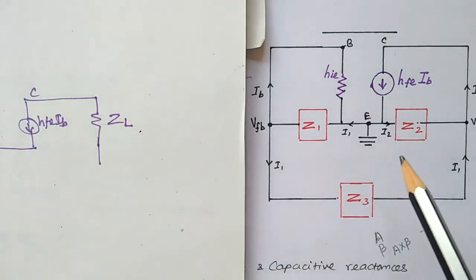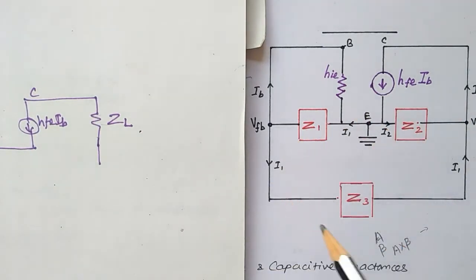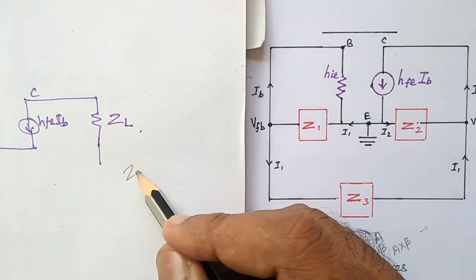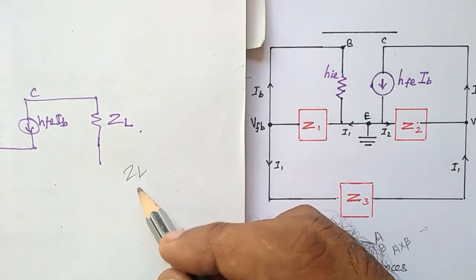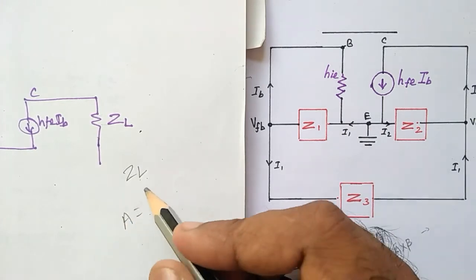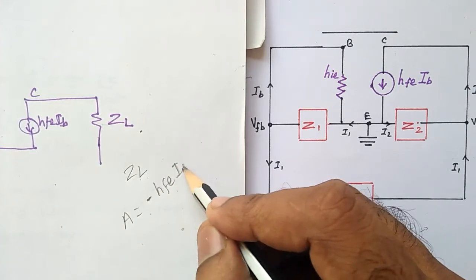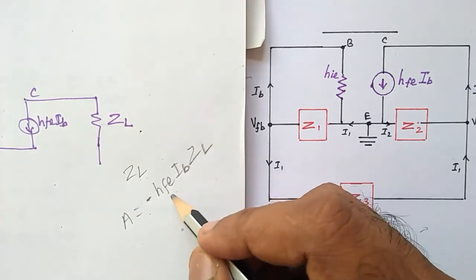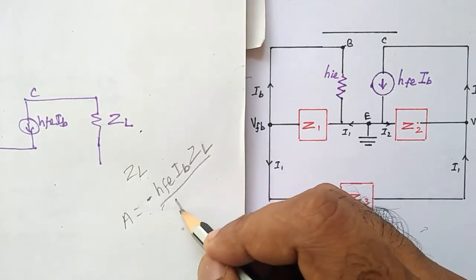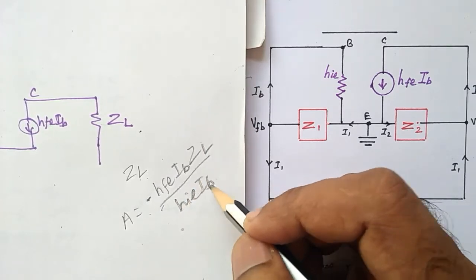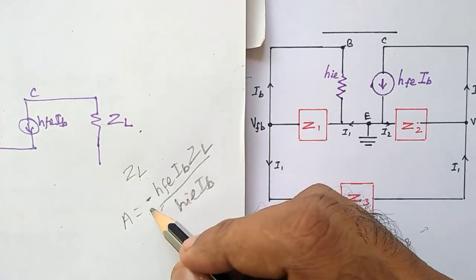Here the entire set of reactances acts as the load impedance, so we have to find ZL first. After finding ZL, I can find the gain using the formula HFE-IB into ZL, divided by HIE-IB. So this is the gain formula for the open loop amplifier.